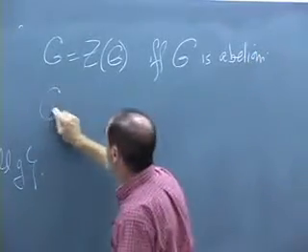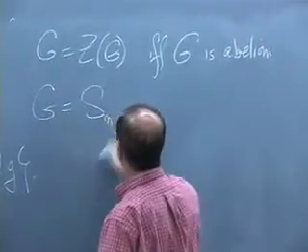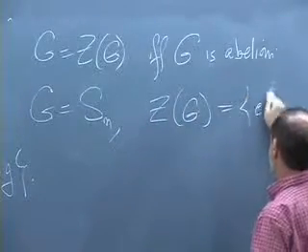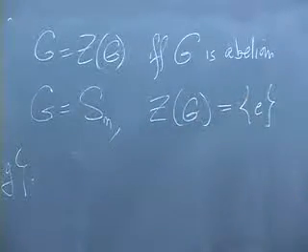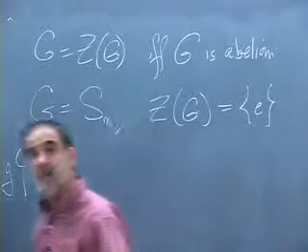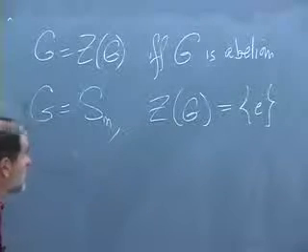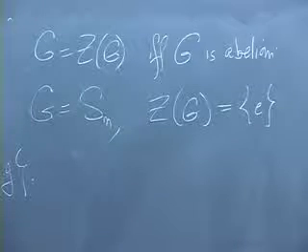If G is equal to the symmetric group on n letters, we're going to see that Z of G is the identity element. There is no element that commutes with all permutations except for the identity. That's not obvious. It's a good exercise to show that no matter what permutation you write down, you can find something that doesn't commute with it. We'll learn how to do that when we get into permutations, have a better notation, etc.